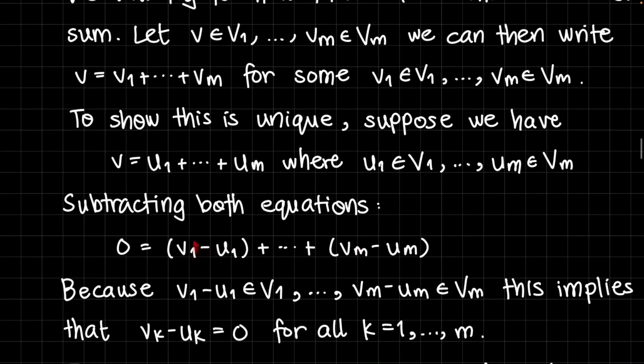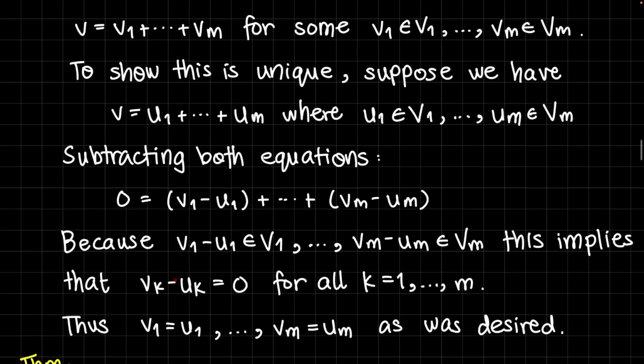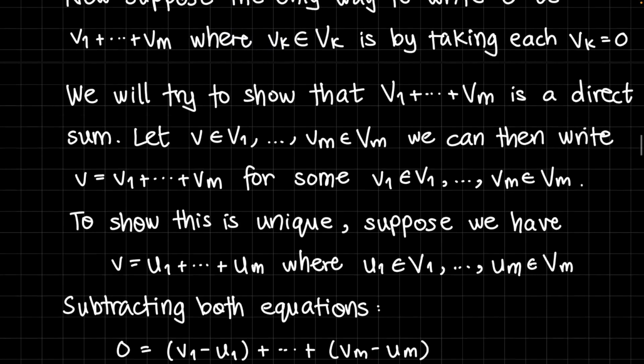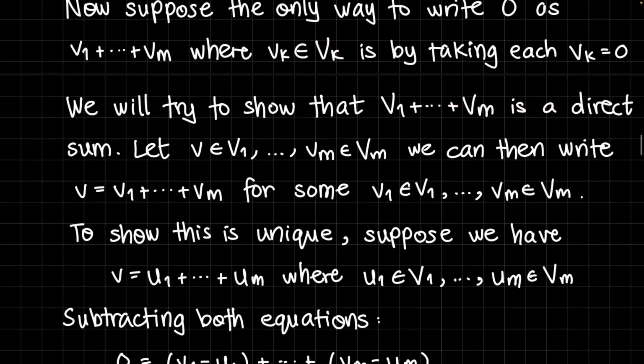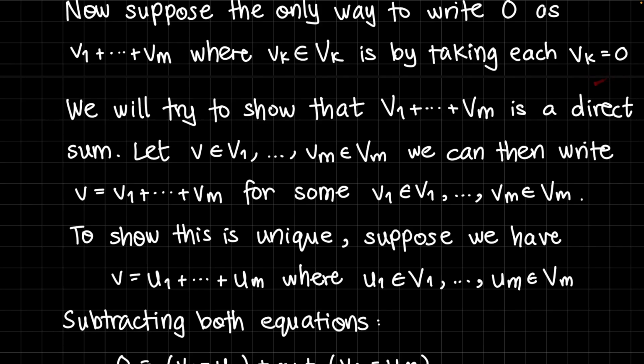That means v1 minus u1 has to be 0, and so on until vm minus um, which also has to be 0. So that's what we have: vk minus uk equals 0 for all k going from 1 to m. That's because we're assuming that the unique way of writing 0 is by taking each component in its expansion to 0.